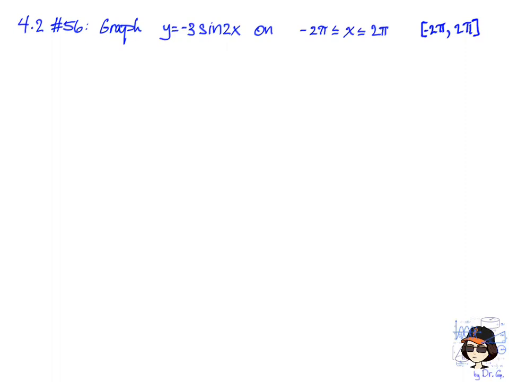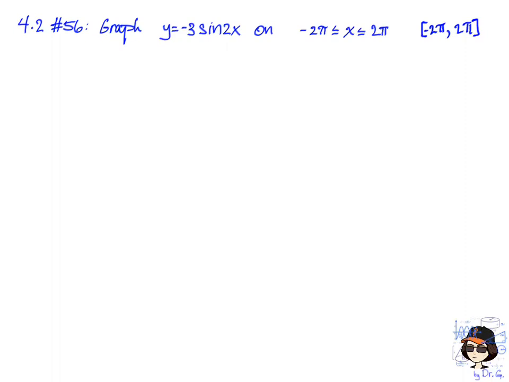Just sketch the graph of the function on this interval. And so the very first step is to figure out what interval you'll have for just one cycle of the graph. And then if that's not enough, you'll extend it to the entire interval negative 2 pi to 2 pi.